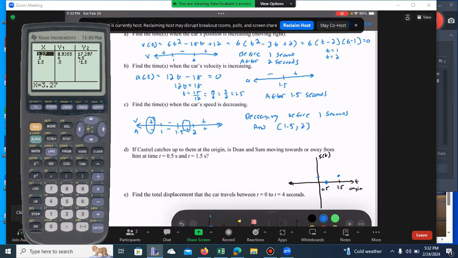Velocity is 4.5 at 0.5. That's moving up. And at 1.5 it is negative 4.5. So it's moving towards the origin. So at t equals 0.5, we're moving away. At t equals 1.5, moving towards.